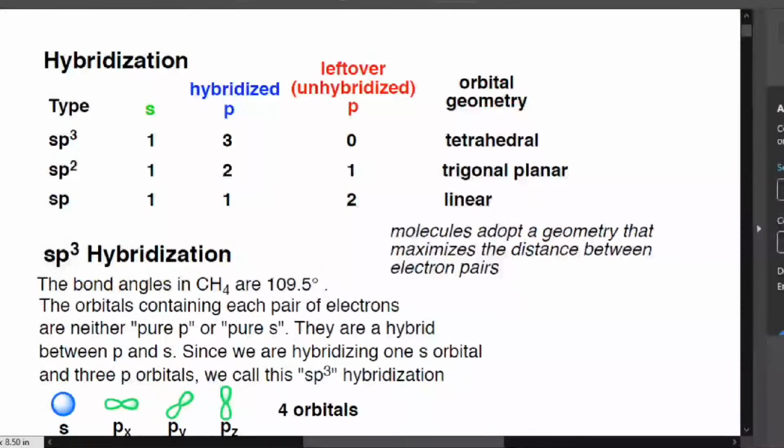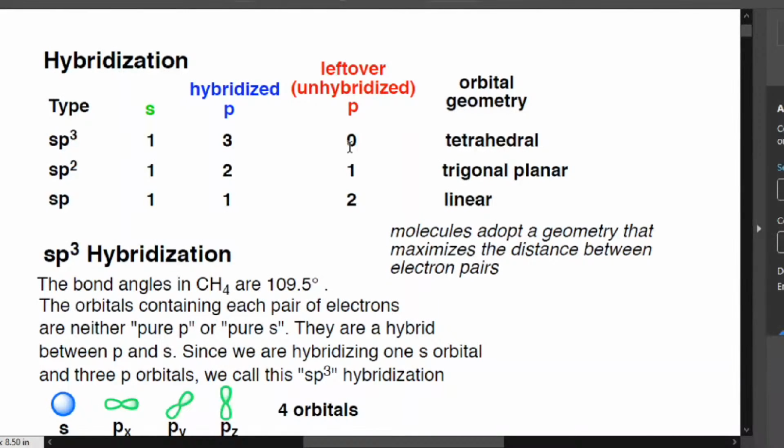So hybridization. Now it is discussing various types of hybridization. When you have an sp3 orbital, there is one s orbital and three p orbitals involved in hybridization.